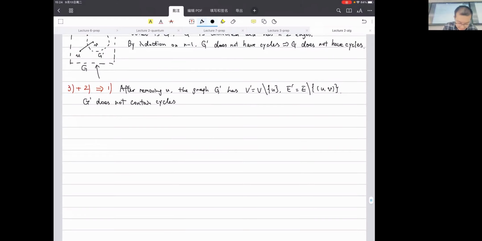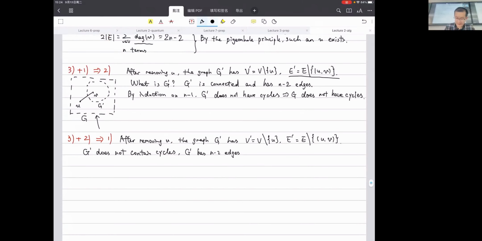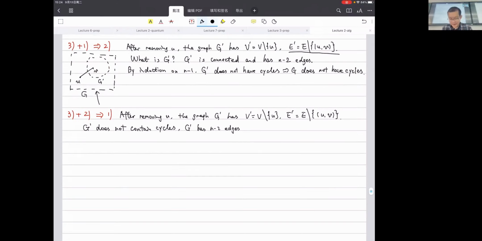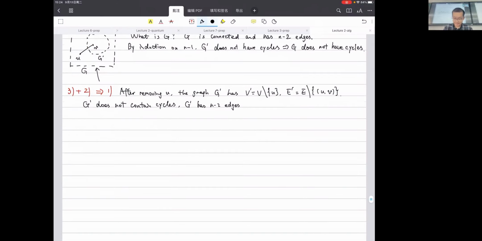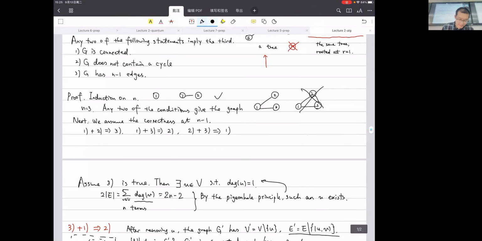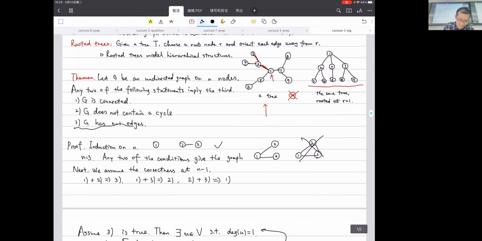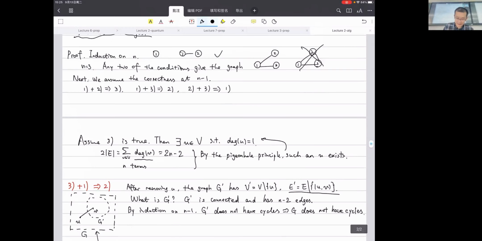Also, G prime has n-2 edges, similar to the argument here, since we delete exactly one edge from a graph with n-1 edges. We still assume 3, so G has n-1 edges, and this is still correct.